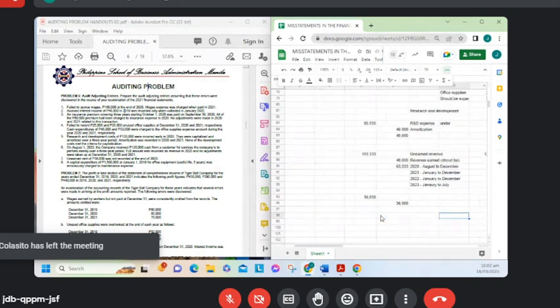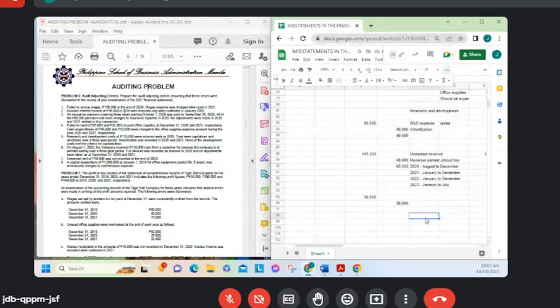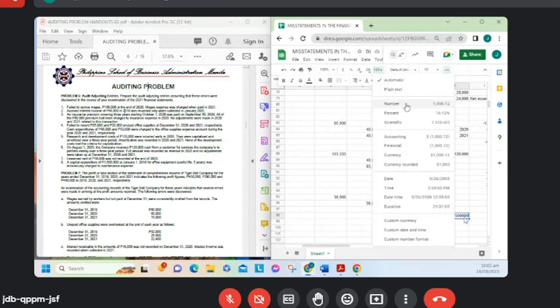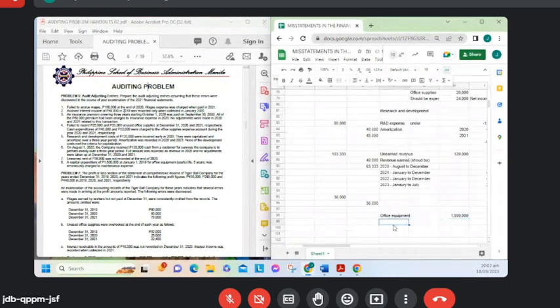So let me put it here. Capital expenditure, equipment, office equipment. Supposedly, the office equipment will have a cost of 1,500,000. But what happened is it was expensed out in full, no? So that's 2019.